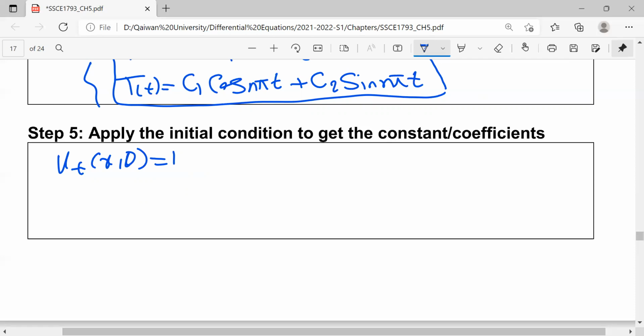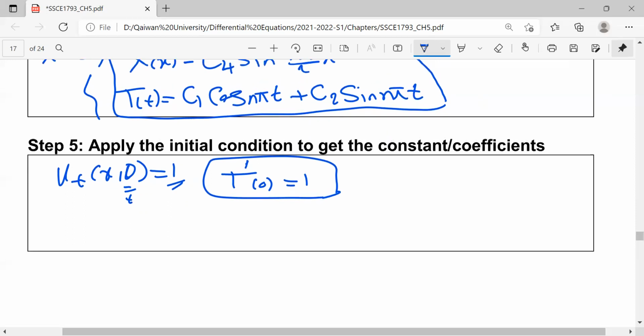That means we get T prime. Here we say T prime of 0 equals 1. This is the initial condition. We now find T prime.